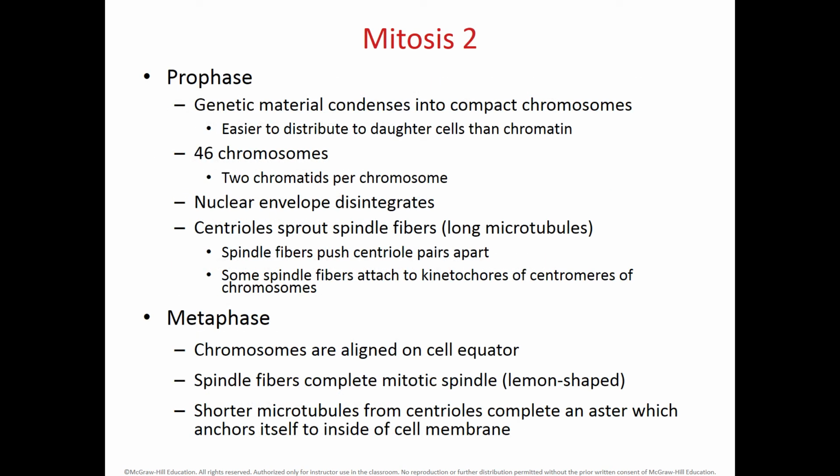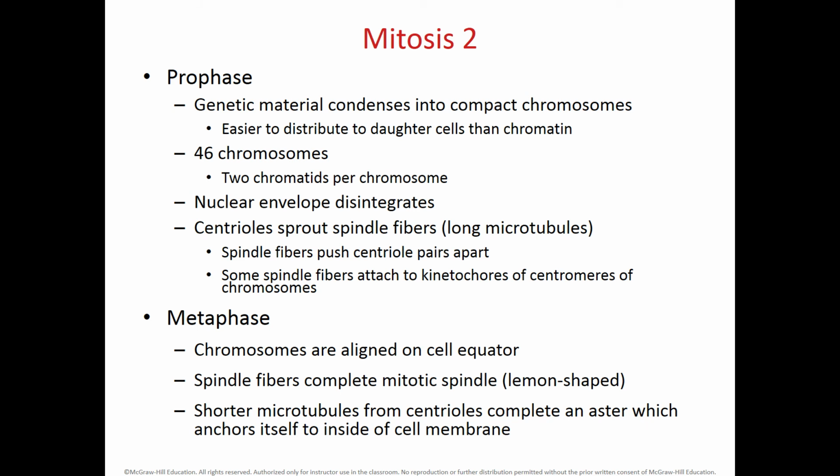So now let's talk about what happens in each of these phases of mitosis. During prophase, which is the start of mitosis, you start condensing the chromatin into compact chromosomes.